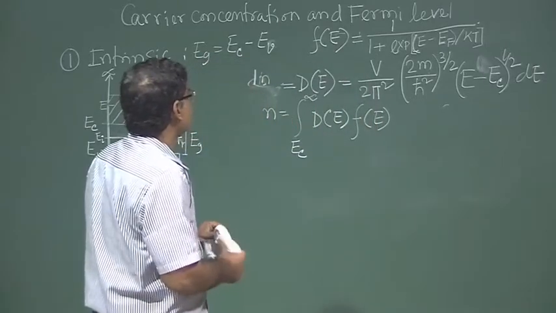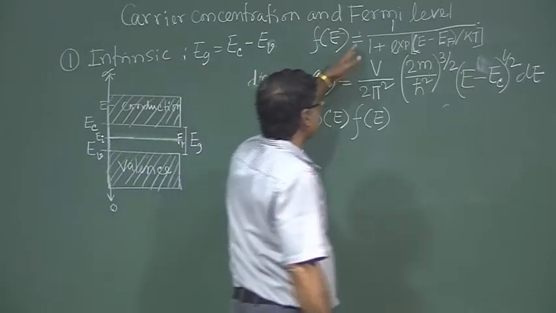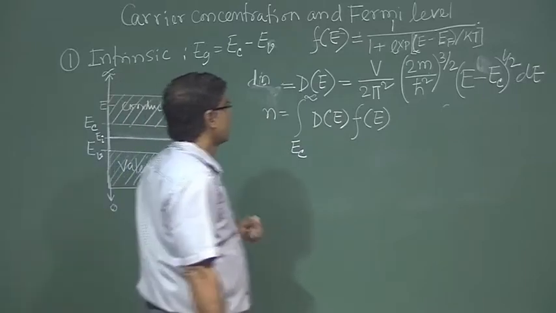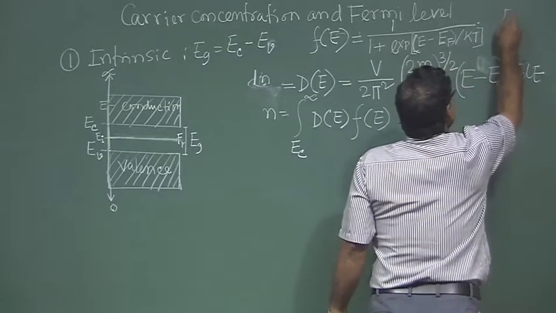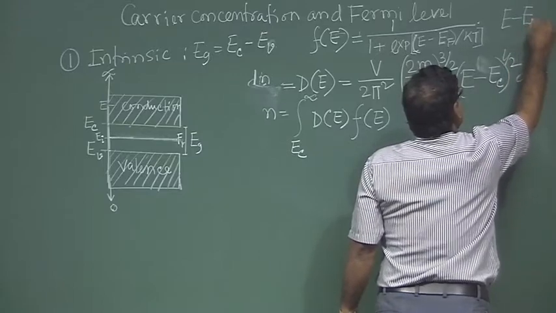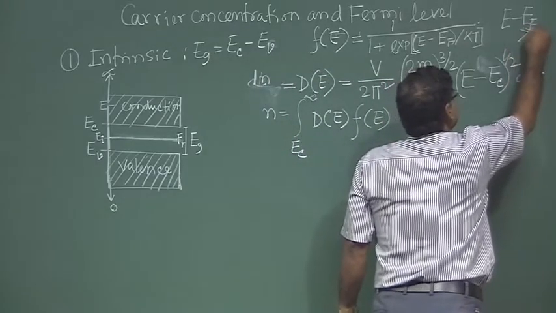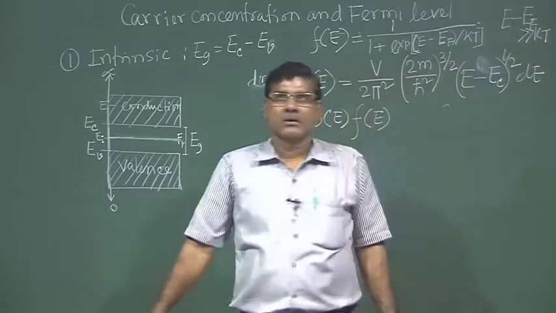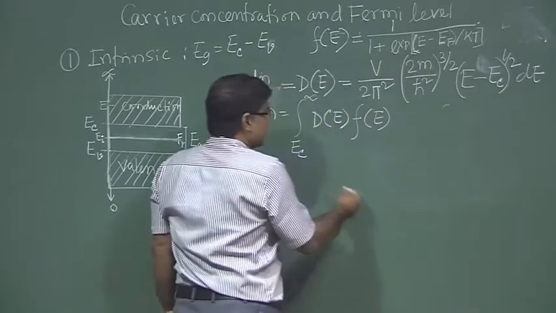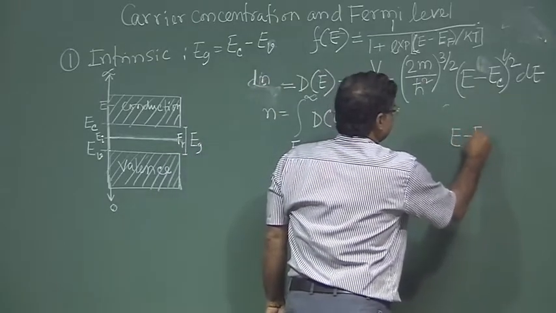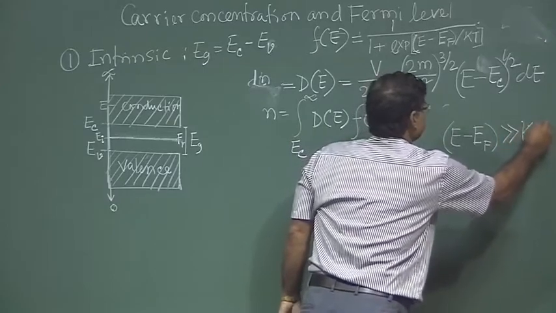Now, in our case, assume that E minus EF is very, very greater than kT.